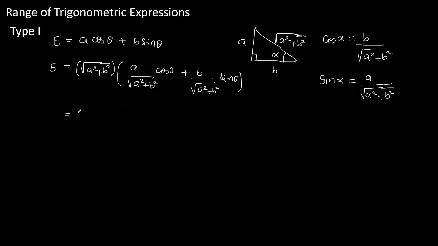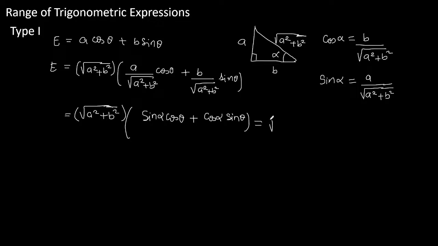So what will happen? This is root under a square plus b square, and a by root under a square plus b square is sin alpha cos theta plus cos alpha sin theta.